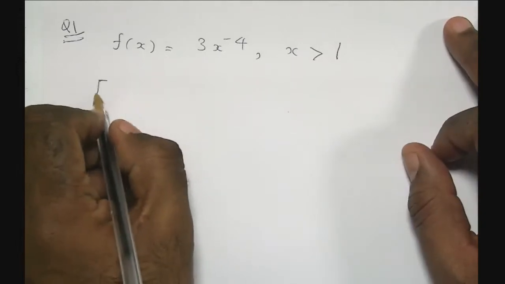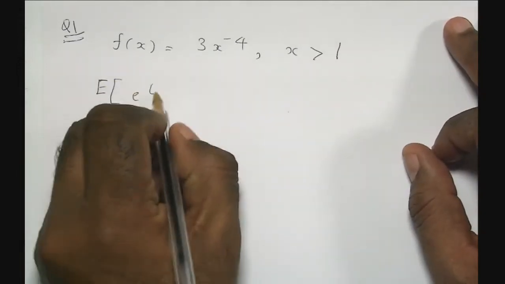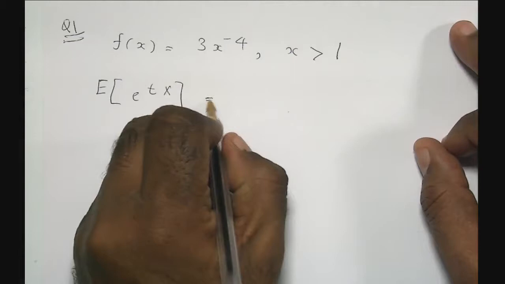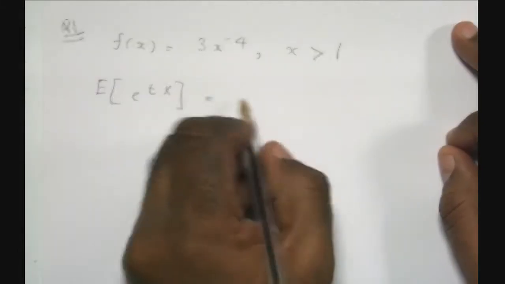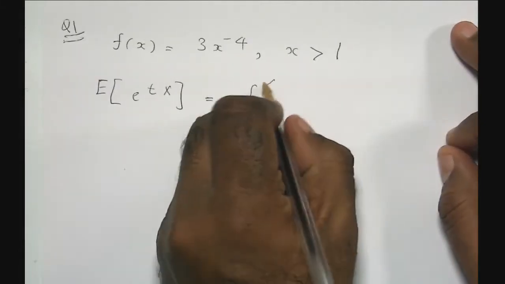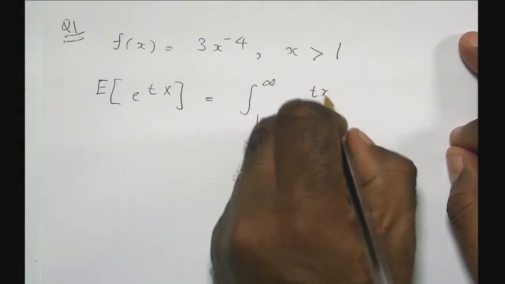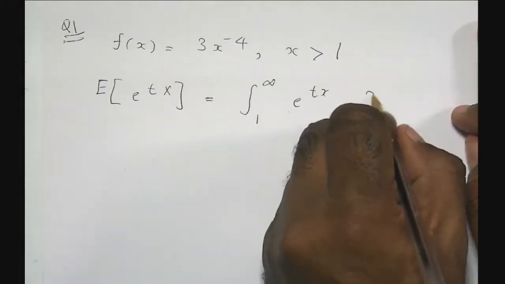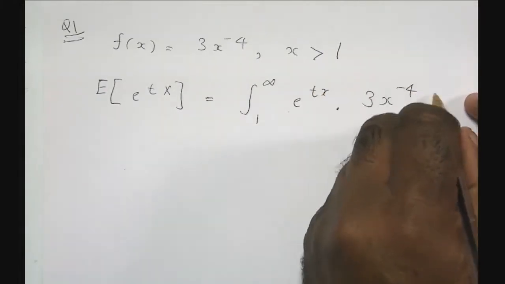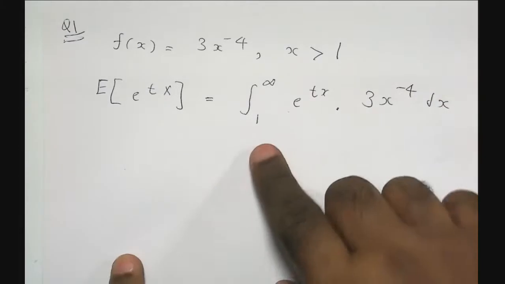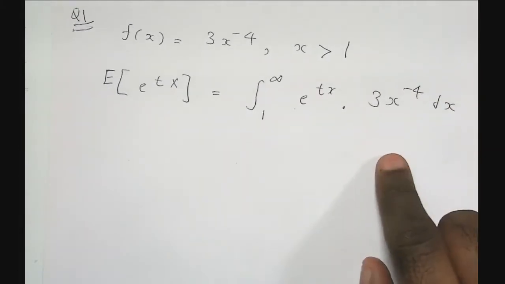Now, as you know, the MGF is defined as, this is a continuous distribution, so it's defined as the integral from 1 to infinity of e^(tx) times 3x^(-4) dx. So we need to show that this integral does not exist.